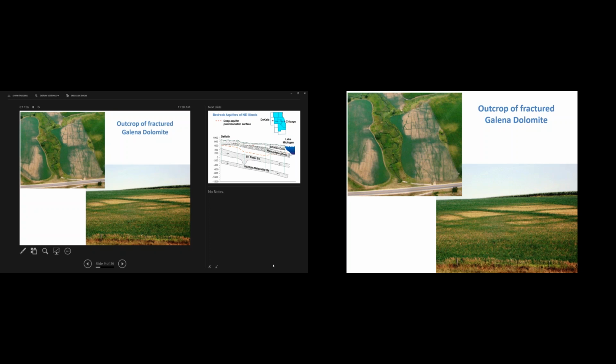You can see the corn in the background of that field. It's not quite a grid structure of fractures, but you can see there's quite a few different things going on. There might be one or two red herrings in there that are ditches or other things, but that's a really good picture of that.